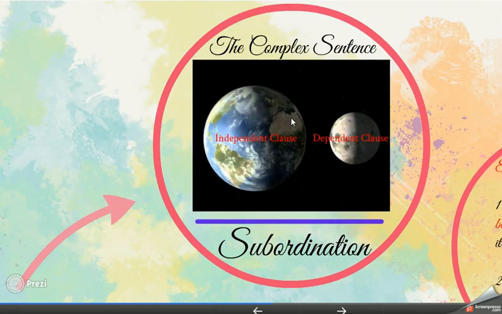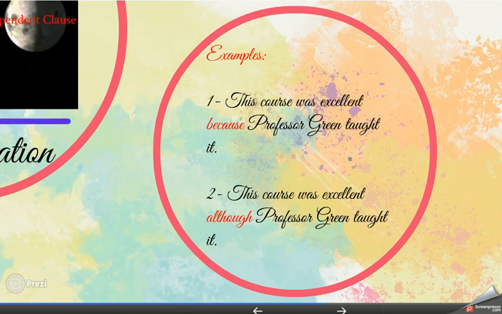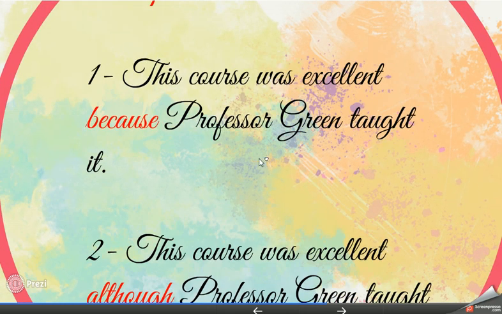Let me give you examples. Look at the examples here. The first one: this course was excellent because Professor Green taught it. Now the first one is an independent clause. However, since we have a subordinating conjunction in the second one, the second clause is dependent.